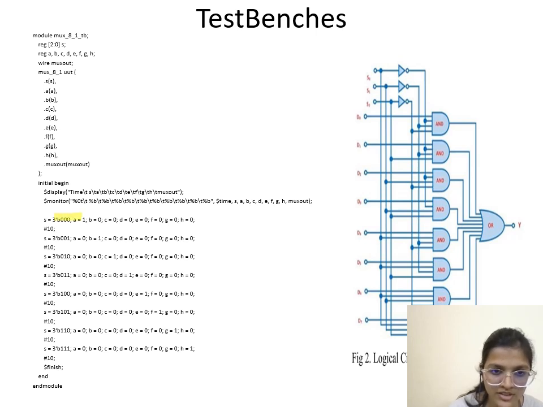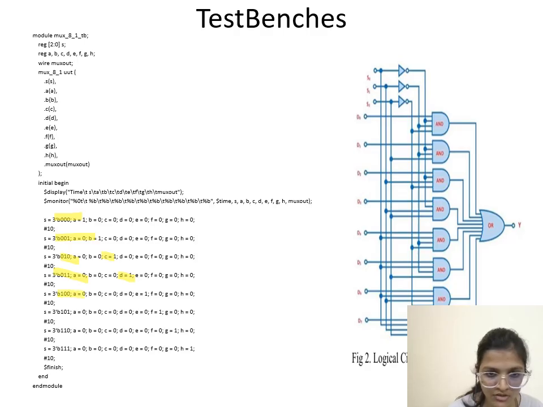Whenever the value is 0 0 0, A is set to 1 and all other inputs are set to 0, because it will be taken as the output. Similarly for the case 0 0 1, B is set to 1 and all other inputs are set to 0. For the case 0 1 0, C is set to 1 and all other inputs are set to 0. For the case 0 1 1, D is set to 1 and all other inputs are set to 0.